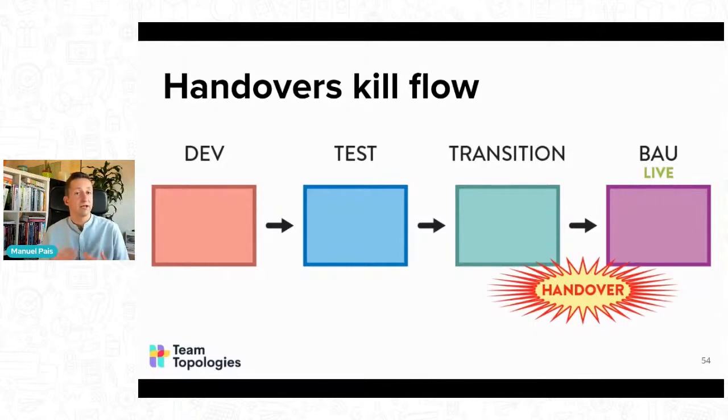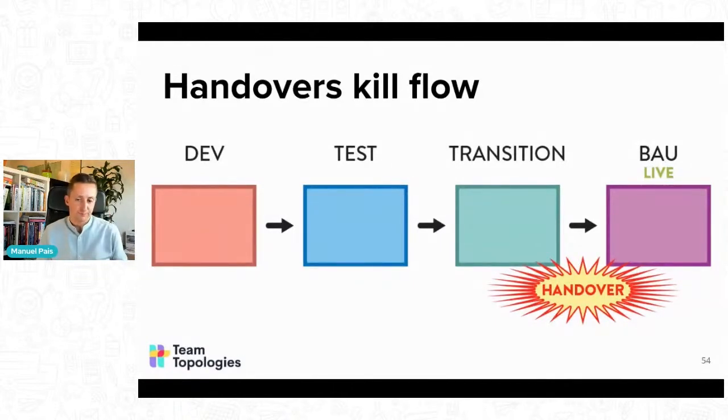And so the more handovers we have, the more wait times we have, the more we need to synchronize work across multiple teams, synchronize priorities, and losing information every time there's a handover to another team. So this is why I was saying earlier, automation helps, but if you have this kind of scenario, you definitely have a lot of wait time in those handovers.